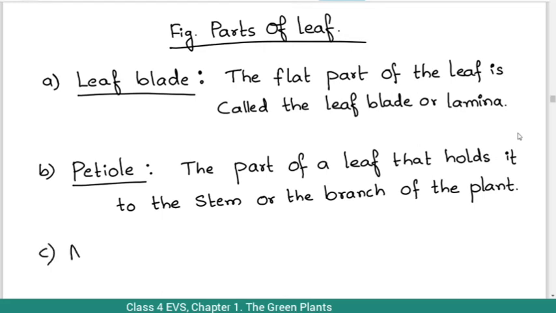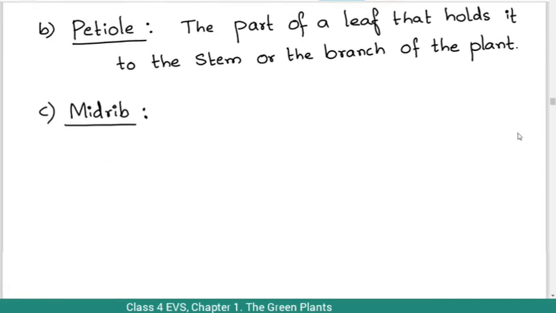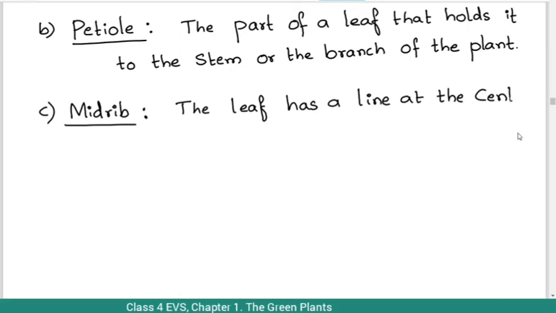Next one, midrib. What is midrib? The line at the center of the leaf is called midrib. Next one, veins.